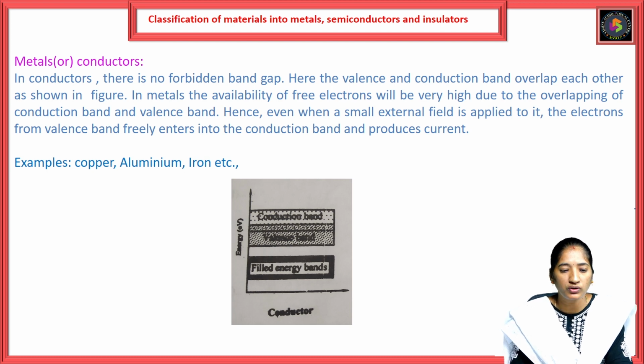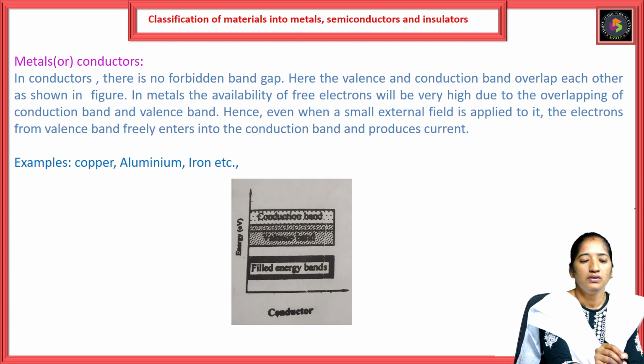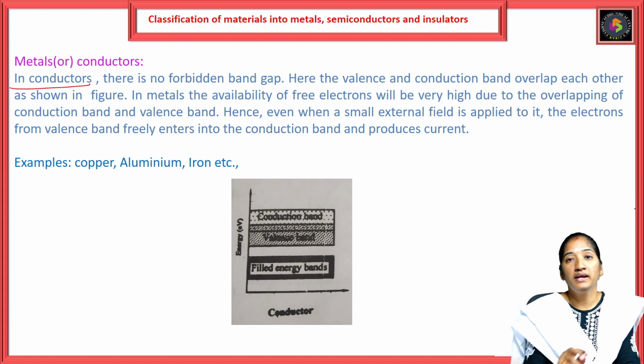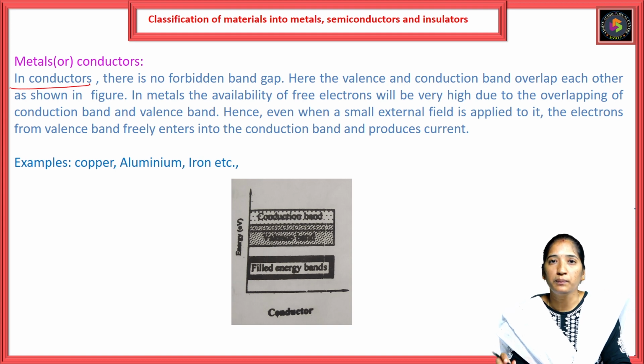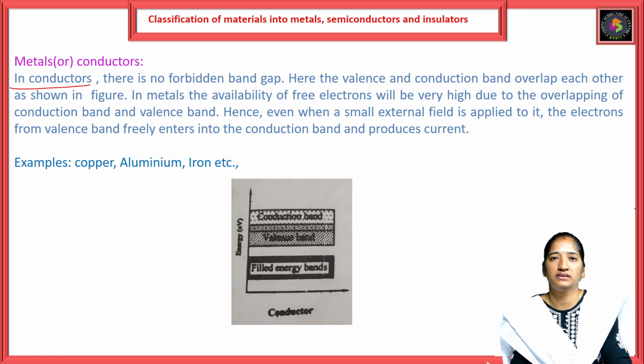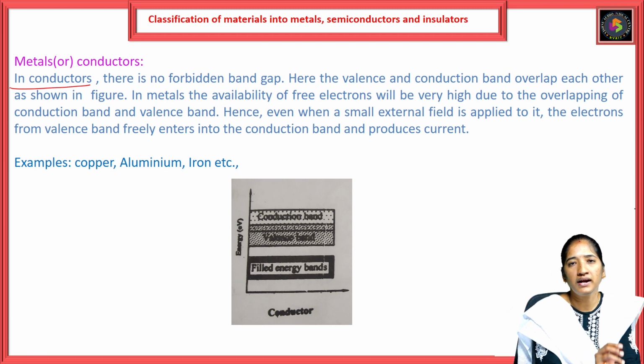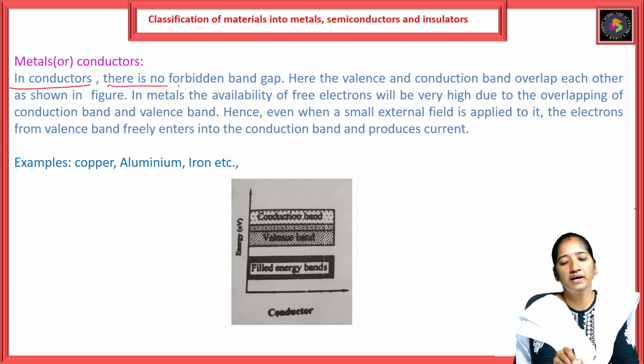Let us discuss the classification of solids. Let us discuss metals. What is a metal? What are conductors? Based on the forbidden band gap only, we discuss these materials: metals, semiconductors or insulators. In conductors, there is no forbidden band gap.